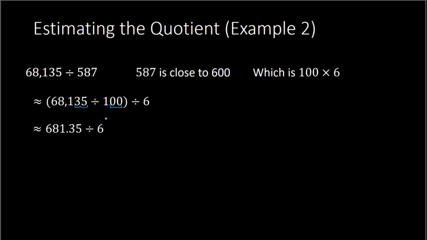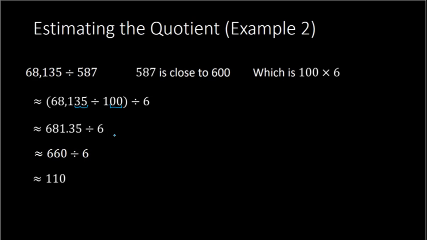So that's 681.35, but then we also have to divide by 6 out here. Well, we can kind of estimate this as well. 6 times 10 is 60, 6 times 11 is 66. What if I round this to 660? Well, 660 divided by 6, we can do 66 divided by 6 to get 11, and then put a 0 at the end, that'd be 110.